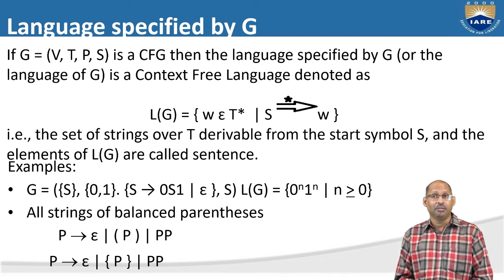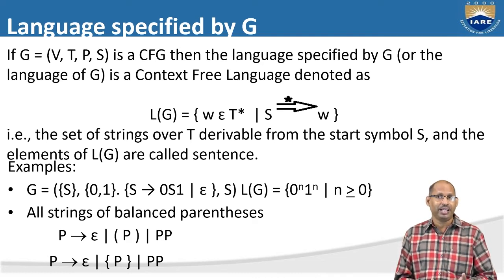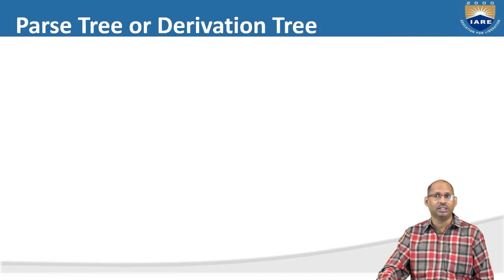It might be simple parentheses or curly brackets. In the next example, we represent P with curly brackets. So this is an example of context free grammars.